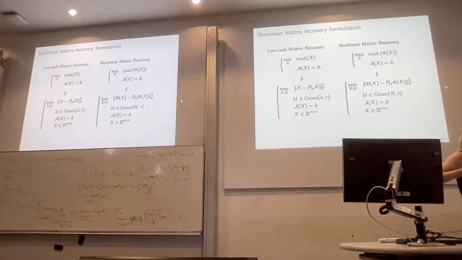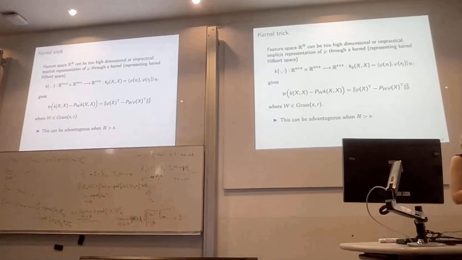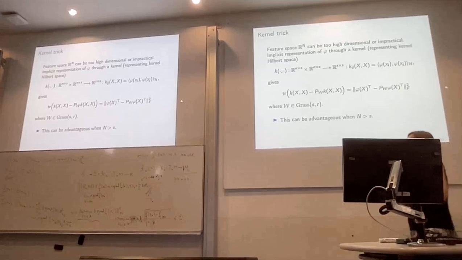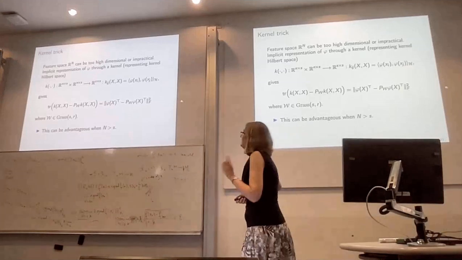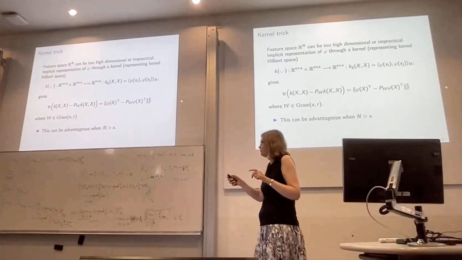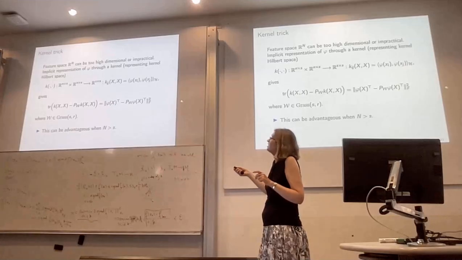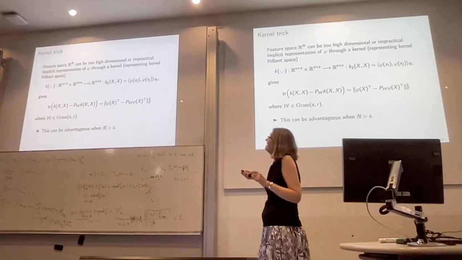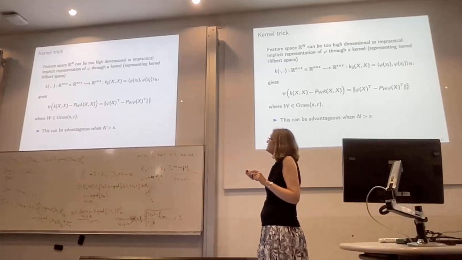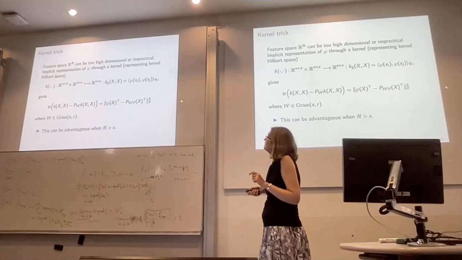Of course, I need to specify the feature map and try to get some low rankness in that. Okay. Well. Before that, let me just tell you that, of course, it's connected to kernels. My feature map will take me to R^N, big N, which I don't like. So to save on this blow up in dimensionality, I can use a kernel. So I can express my feature map with the use of a kernel.